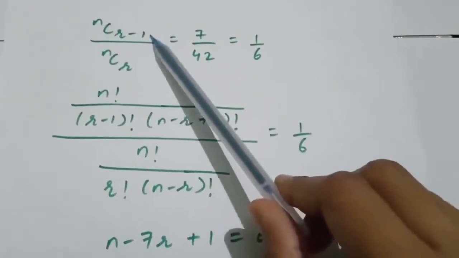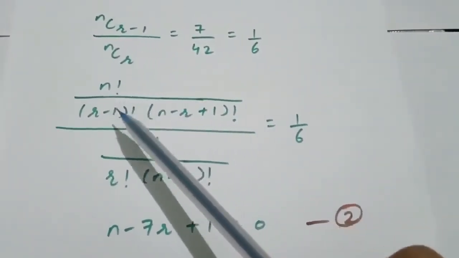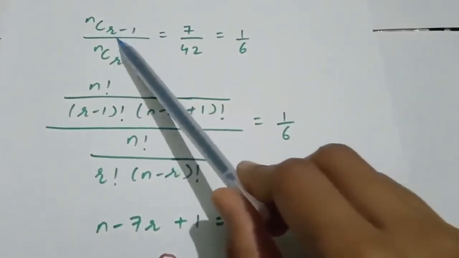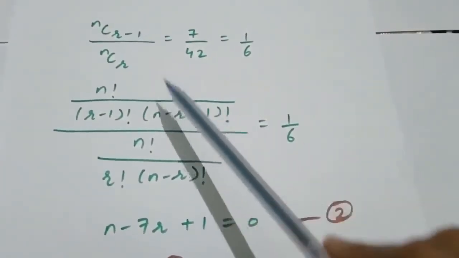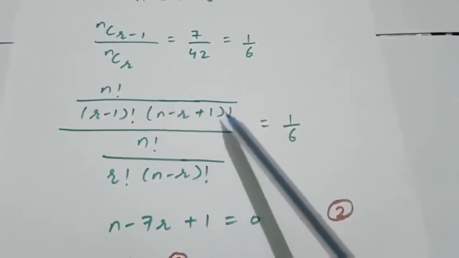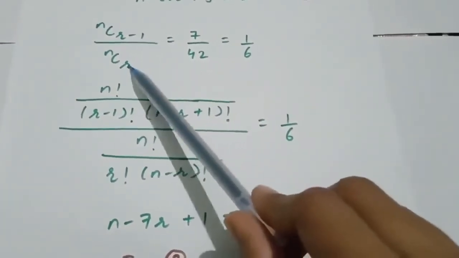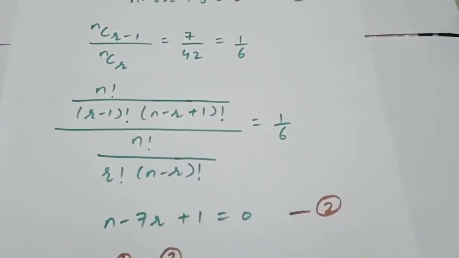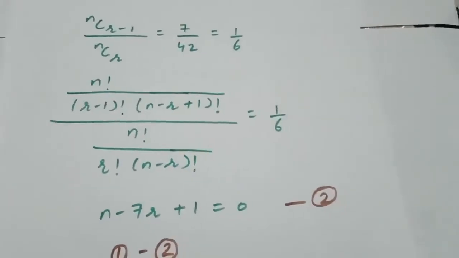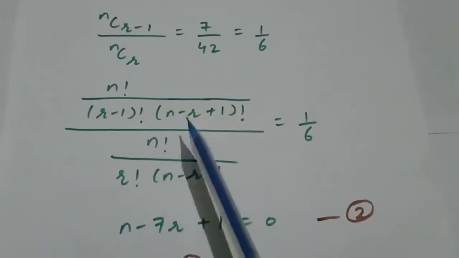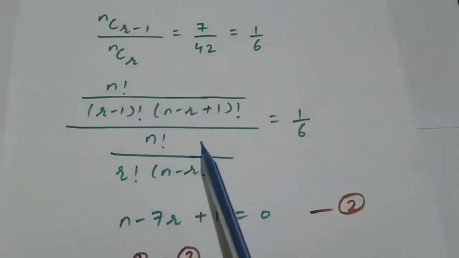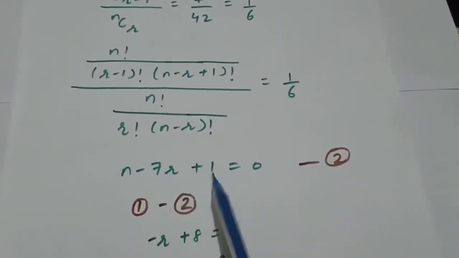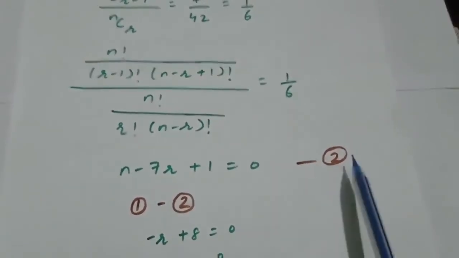Now nCr-1 will be n factorial upon (r minus 1) factorial into (n minus r plus 1) factorial, and nCr will be n factorial upon r factorial into (n minus r) factorial, which is equal to 1 upon 6. So you will do the calculation of this part like we have just done above by yourself, right? So you will get this result, n minus 7r plus 1 equal to 0, and let this be 2.